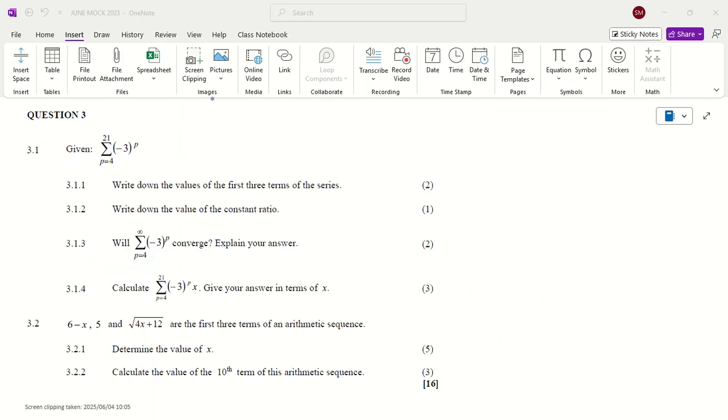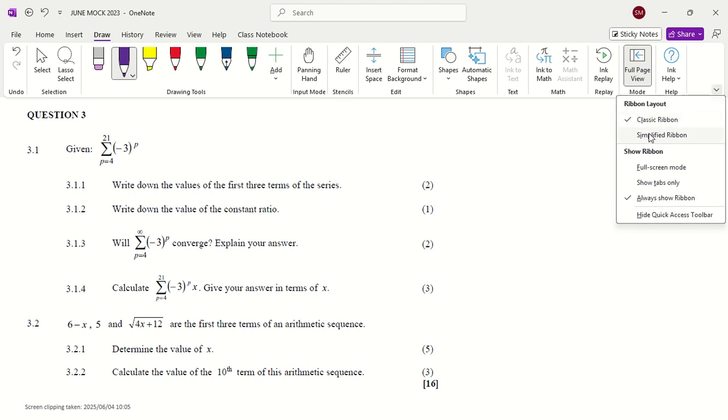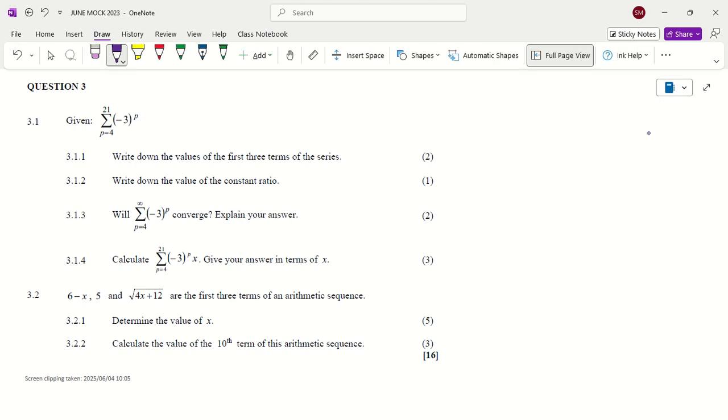Okay, guys. So now we are dealing with sigma notation, right? 3.1.1.